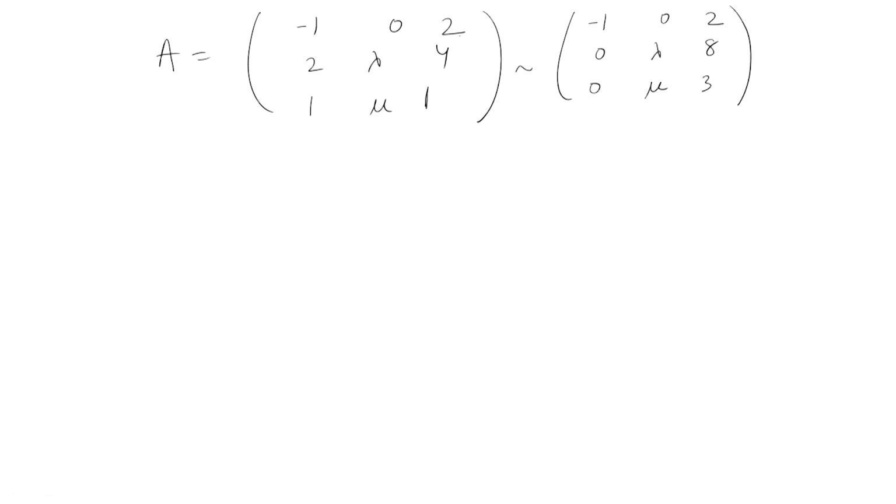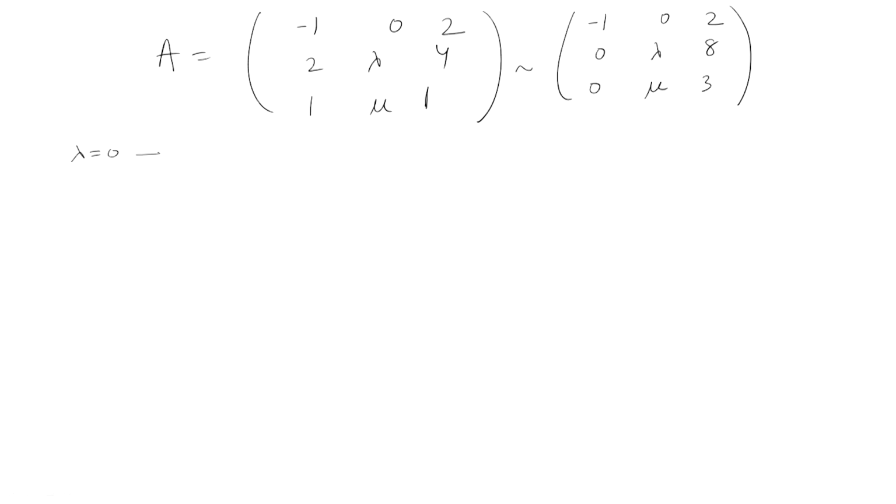Okay. Now, we have to find out the condition. Now, if I want to make 0 here with the help of this, this lambda may or may not be 0. So, I have to take two conditions basically. So, if lambda equal to 0, then the echelon form of matrix A will be 0 2 0, 0 0 8, 0 mu 3, and this will be minus 1 0 2.